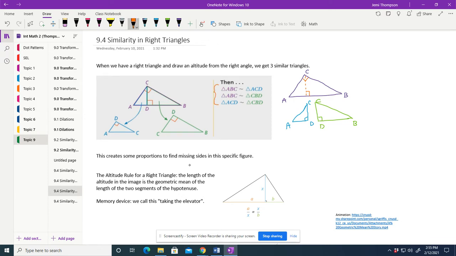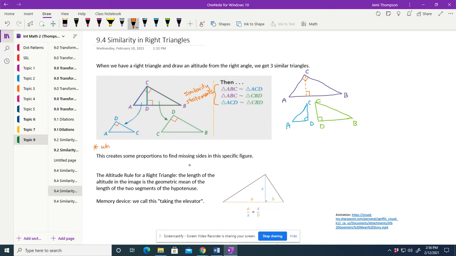Now in my image here, I have similarity statements. And those similarity statements describe a triangle similar to another triangle. But when we do this, the letters have to be in corresponding order.